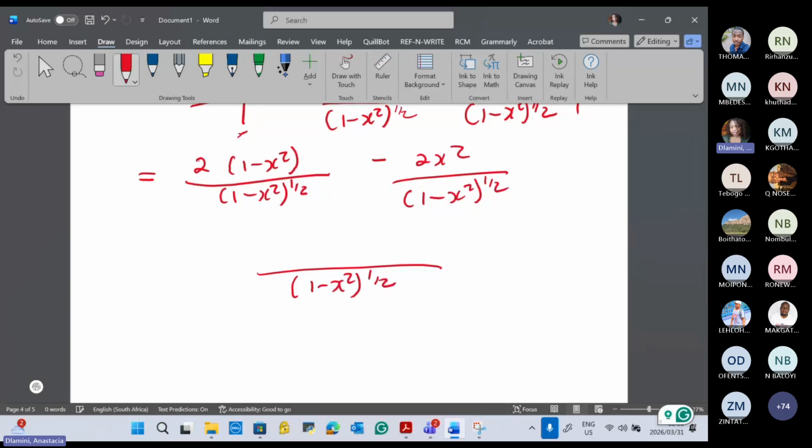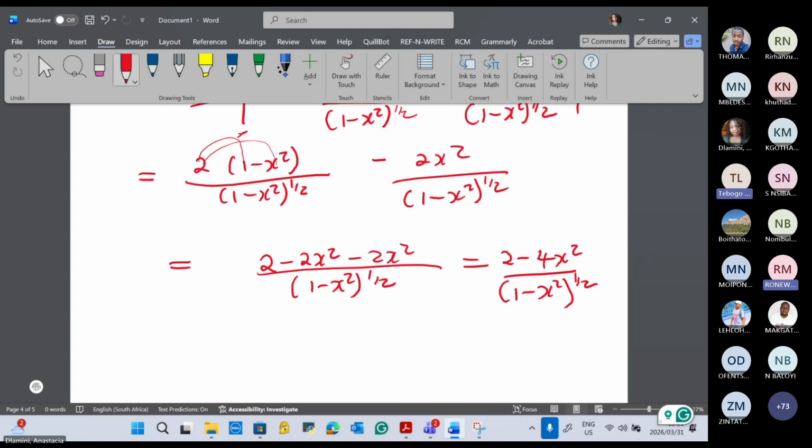Then this 2 times 1 becomes 2. 2 times negative x squared becomes negative 2x squared, minus 2x squared. So this becomes 2 minus 4x squared over (1 minus x squared) to the power of half. Are we together?